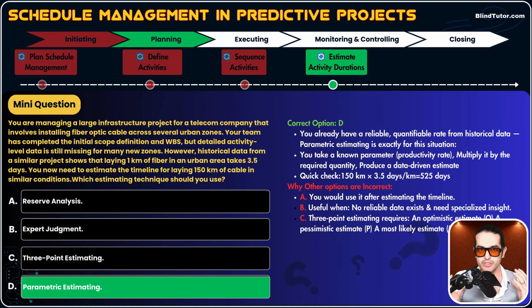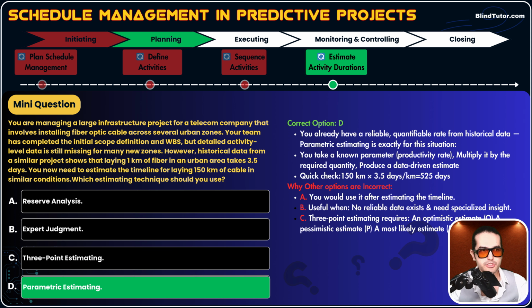PERT gives a weight to most likely. But in 3-point estimating, you could use any formula. You could use, for example, O plus M plus P divided by 3, just simple averaging. But PERT gives more weight to the most likely. It uses 4 M instead of just simple M. So 3-point estimating and PERT are the same family.